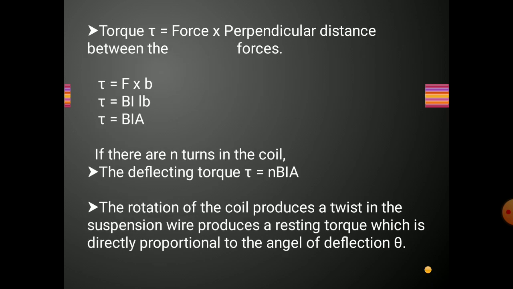The torque produced here is given by force into perpendicular distance between forces. Force is BIL and the perpendicular distance between them is b, which is the breadth of the rectangular coil. So we get BIL into b, length into breadth, that is area.